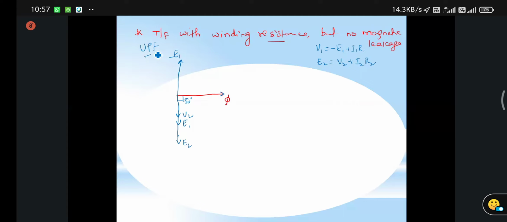The load is acting at unity power factor. Unity power factor means V2 and I2 are in the same phase.